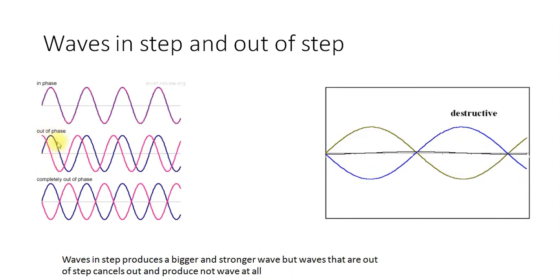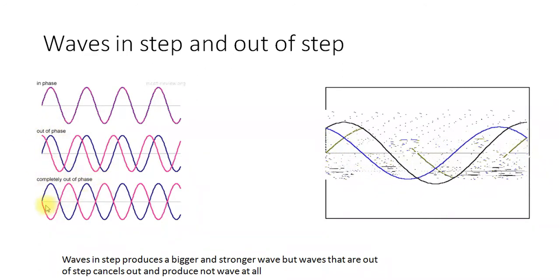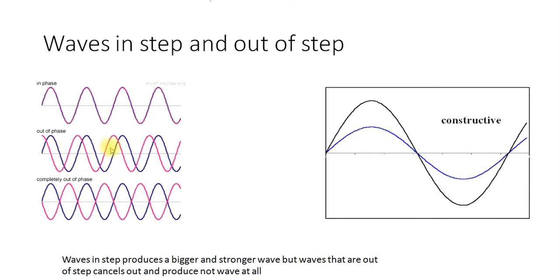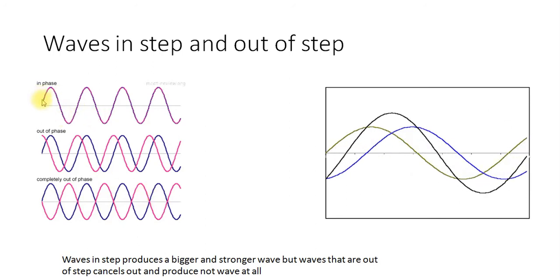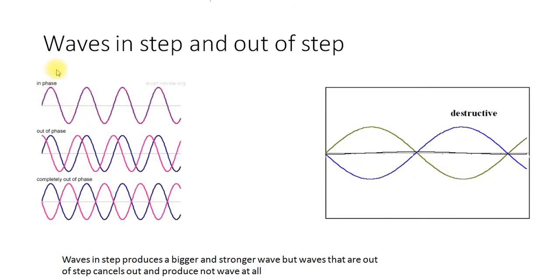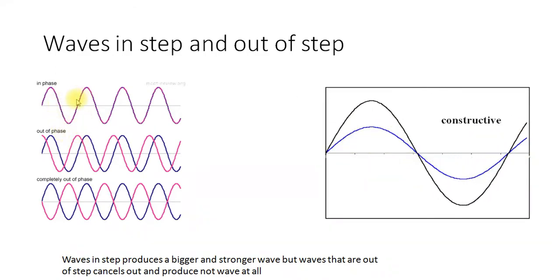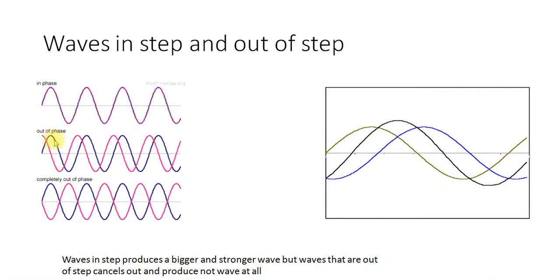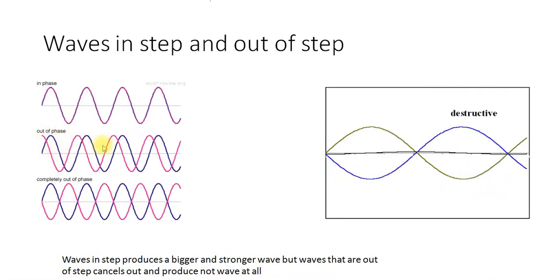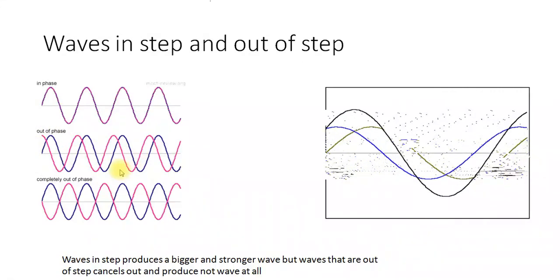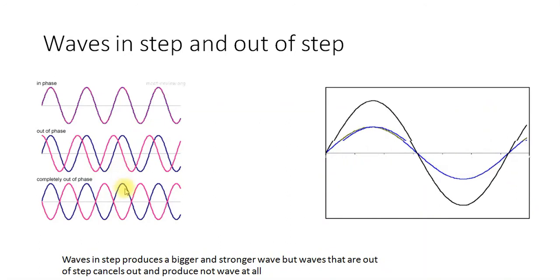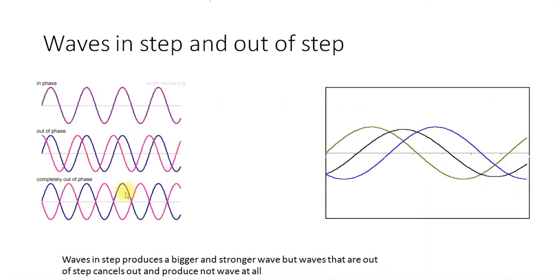So when it's in phase, the intensity of the wave or the brightness increases. When it's out of phase, it may not be as bright, or the wave may not be as much as we want it to be.